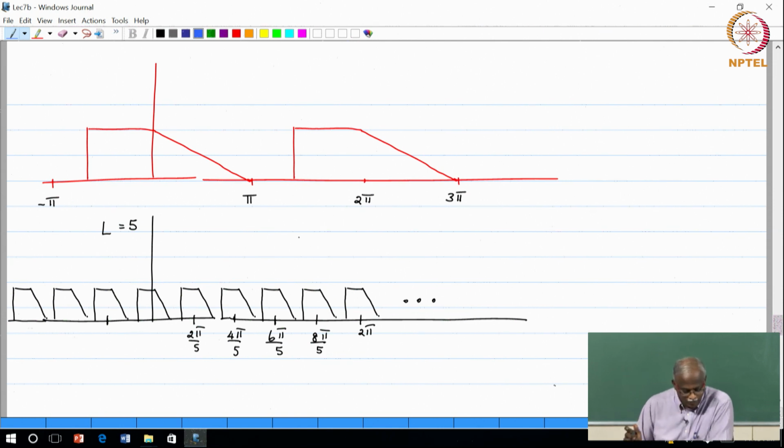Suppose this is my expression for the magnitude of Xe of e power j omega, from minus pi to pi, and it has a spectrum which is not symmetric, which means that x of n is complex. Nevertheless, it is a well defined discrete time, complex sequence, for which the spectrum looks like this. So, I have now done the upsampling or the expansion by a factor of 5, L equal to 5.